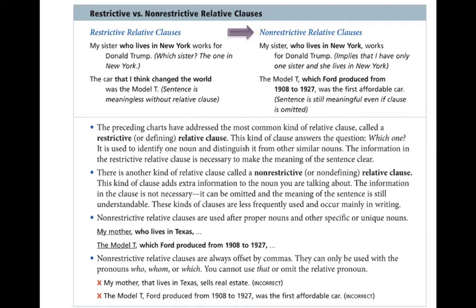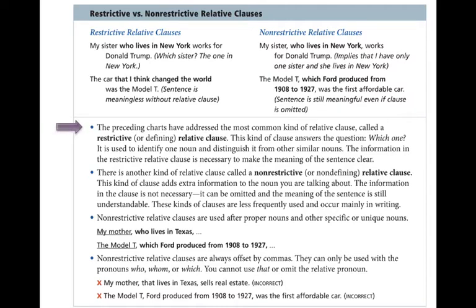Yes, we know it's the Model T. So the sentence is still meaningful even if the clause is omitted. In other words, this clause does not restrict the noun Model T. It's additional information, but it's not necessary for us to understand which was the first affordable car.